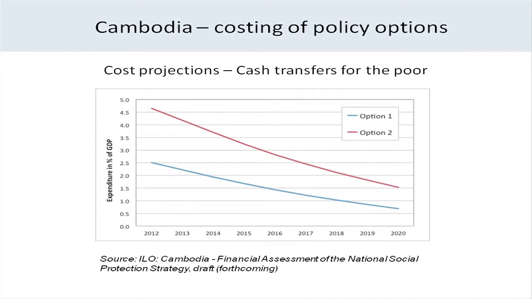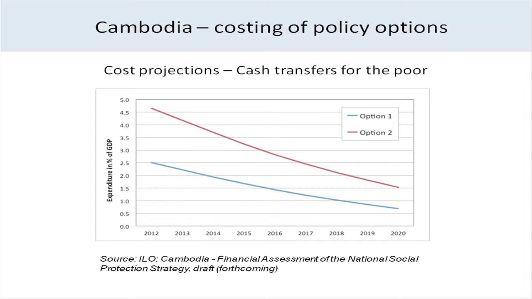So now let's have a look at the cost. Here we have options 1 and 2. So this is the cash transfers for the poor. The first one is only for the poorest of the poor, so what we call the extreme poor. And the second one is for all the poor. And we can see that the cost is quite high, yeah?